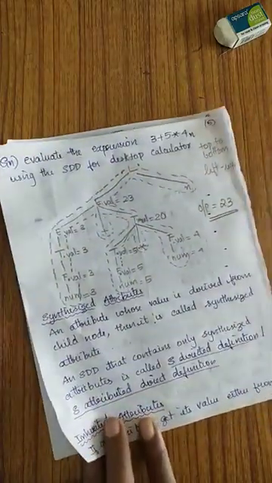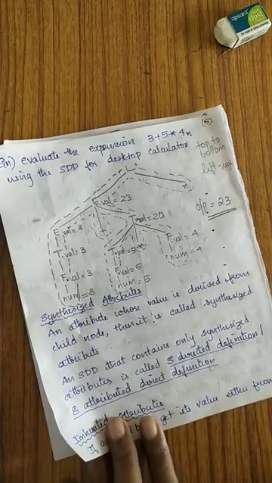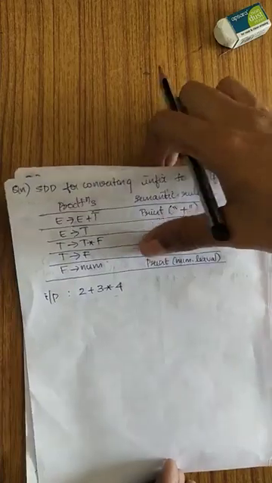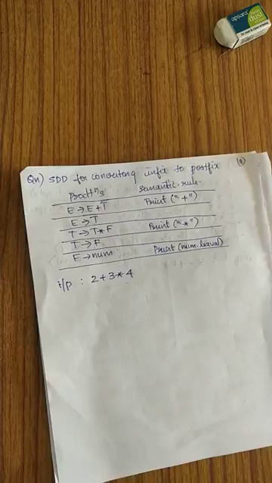And let's see another example, how this SDD is performing. So this is another example for an SDD. So we have a set of productions like this: E derives E plus T, E derives T, T derives T star F, T derives F, F derives number.